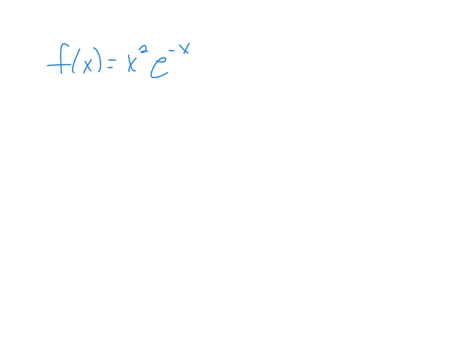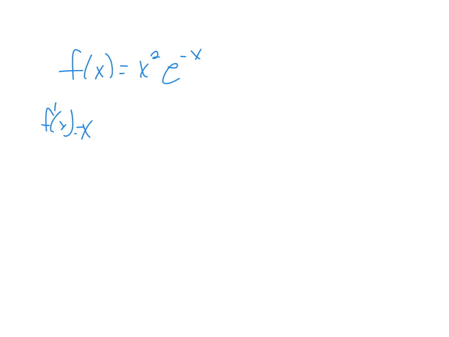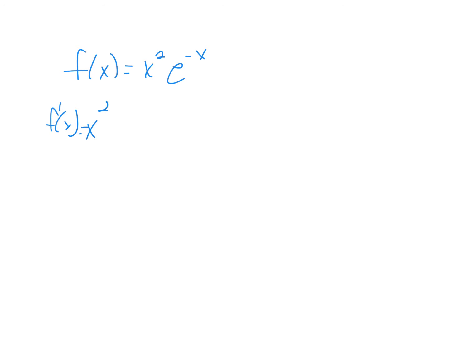Now here's one where we have to apply past rules, okay? So we have x squared times e to the power of negative x. So we're multiplying, so we have to use the product rule, okay? Remember product rule. First term stays the same, we'll bring that down. Proper notation, f prime of x equals x squared, that stays the same, times the derivative of e to the power of negative x. So it's going to be just e to the power of negative x times the derivative of the exponent, which is negative 1.